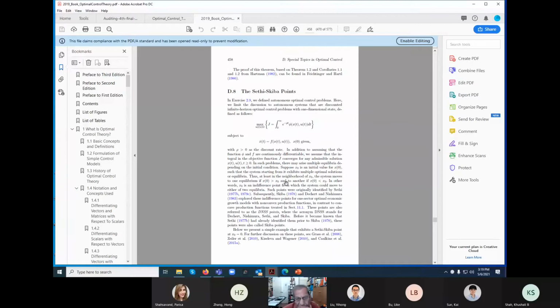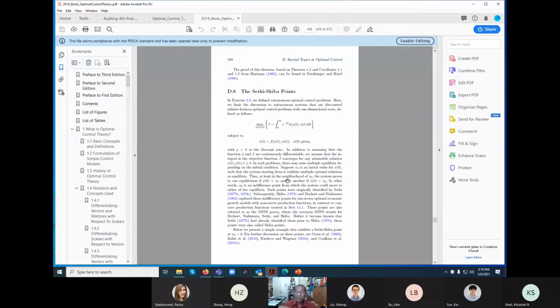So, in a couple of papers that I wrote, the idea was that if you have an initial state and you solve a control problem of infinite horizon, it goes to a stationary equilibrium, a long-run stationary equilibrium. And the question now is, what if starting at one point it goes to one equilibrium, and starting at another point it goes to a different equilibrium?